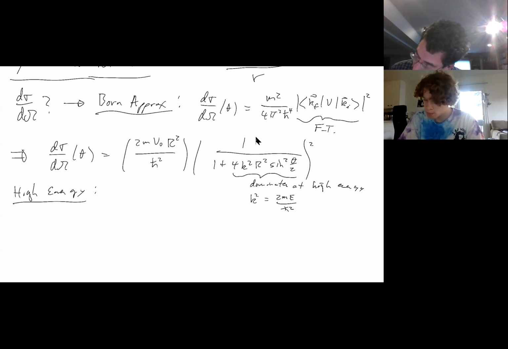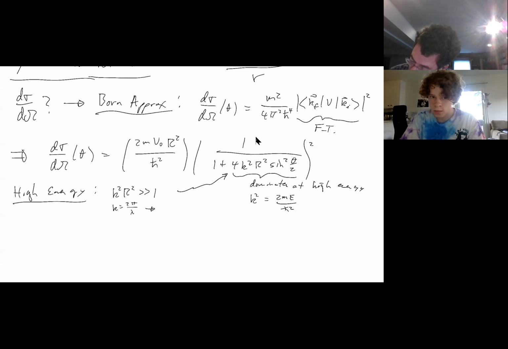And so high energy means that term is big. So it's basically saying that K squared R squared is bigger than 1, see over here. And since K is a wave vector, that's the same as saying that R over lambda is big. And so that's the definition of high energy. It means that there's a lot of wavelengths in the screening length. So you can fit a lot of wavelengths into the screening length.